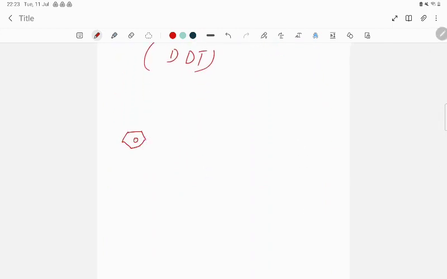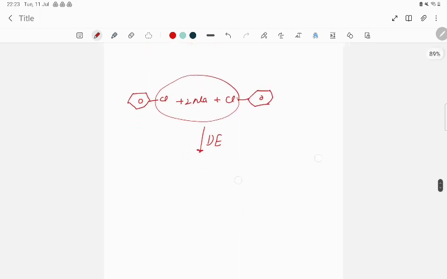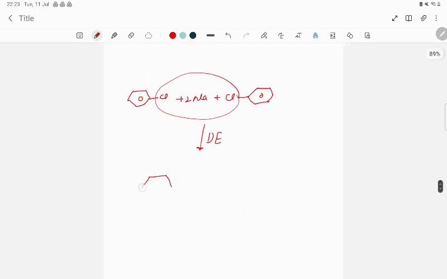So here is Cl, then you take 2Na, again here is Cl. Dry ether. So what product are you going to get, student? This is called biphenyl, student.